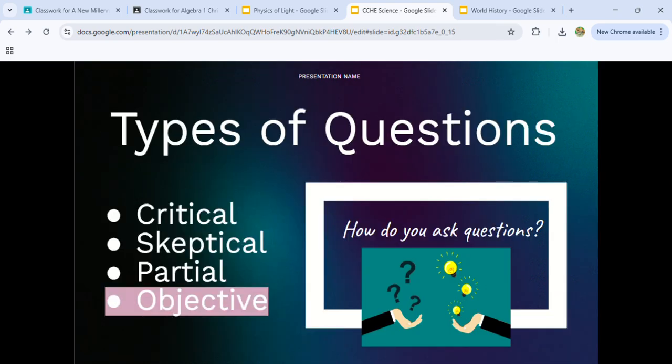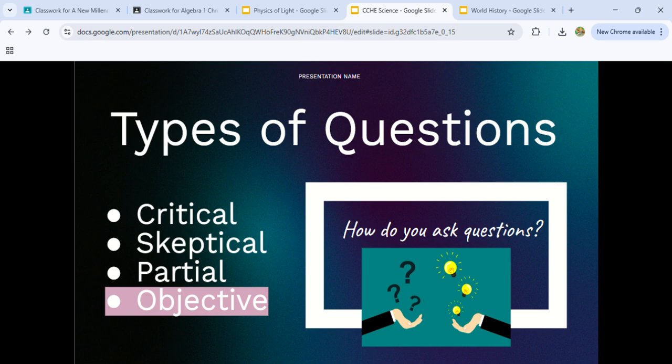Different types of questioning. We have critical, skeptical, partial, and objective. If we question critically, we're inclined to find fault, or in other words, we're critical in our approach. If we question skeptically, we employ a doubting attitude.